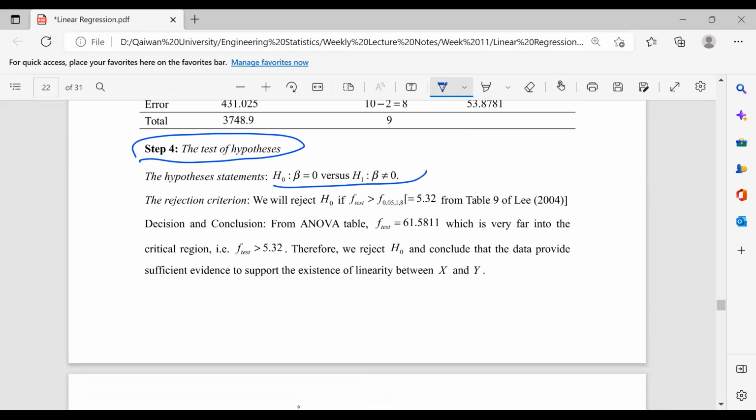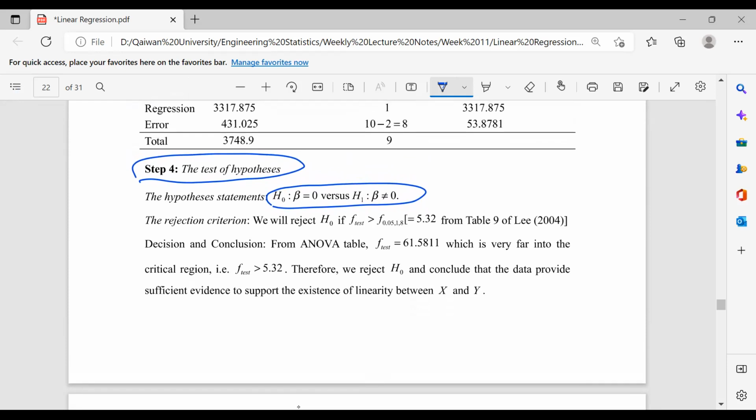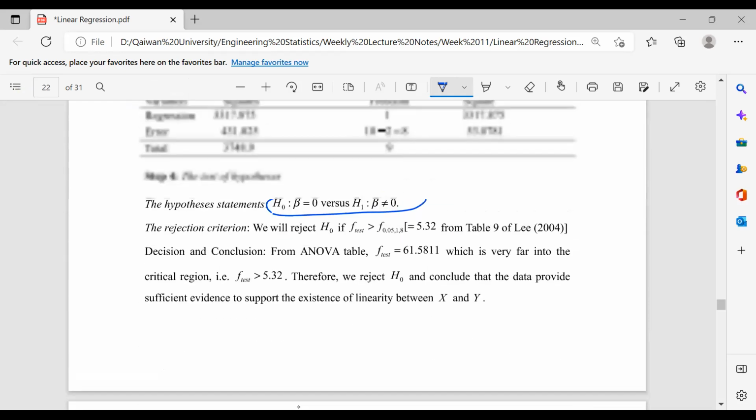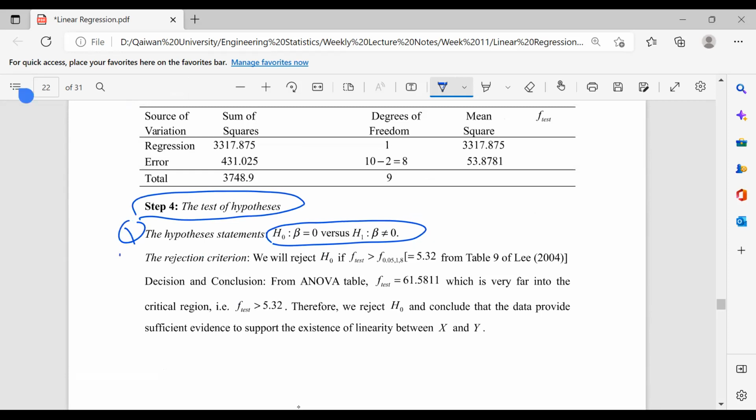First, we write down the null and alternative hypotheses. Then, in step 2, we write down the rejection region.